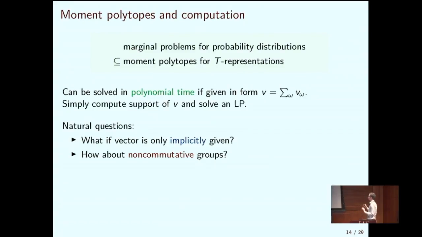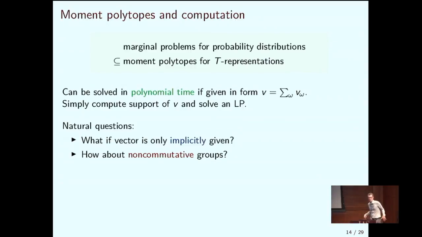Okay. And so these marginal problems for classical probability distributions are a special case of moment polytopes for torus representations, and we can easily solve them in polynomial time if the vector is given to us in this nice form. If we basically know what the support is, it's simple. We just have to look at the support, the non-zero coefficients, which monomials appear, and take the convex hull.